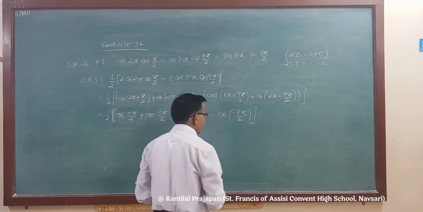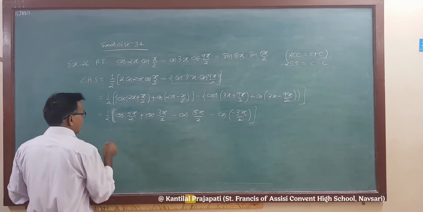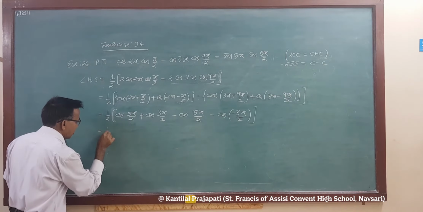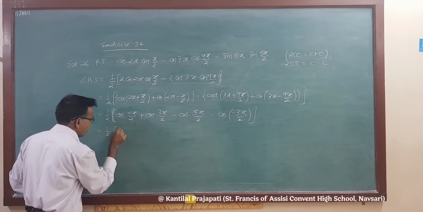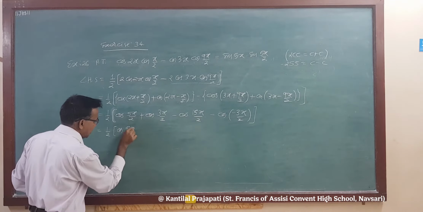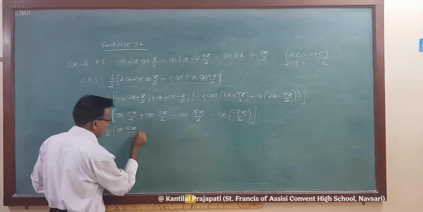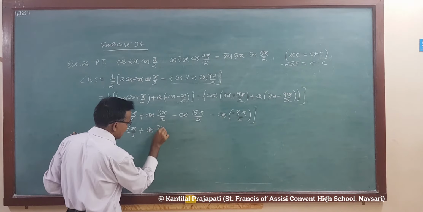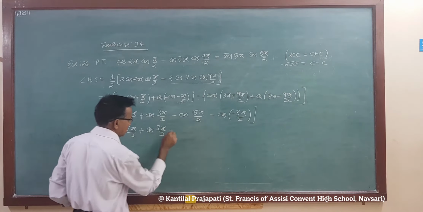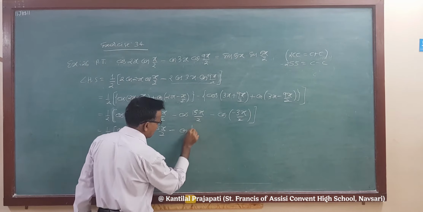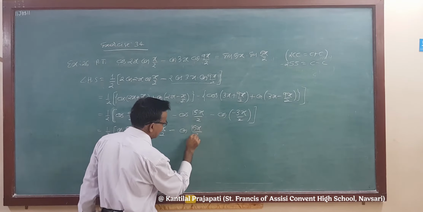So we write for this 1 upon 2 [cos 5x/2 plus cos 3x/2 minus cos 15x/2 minus cos(-3x/2)].